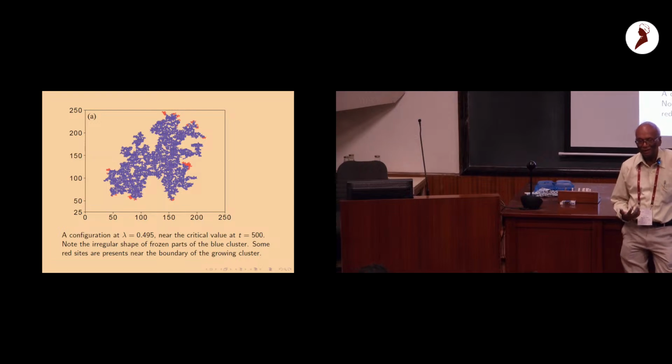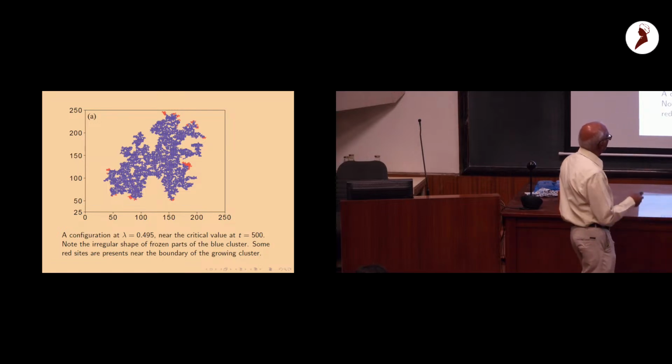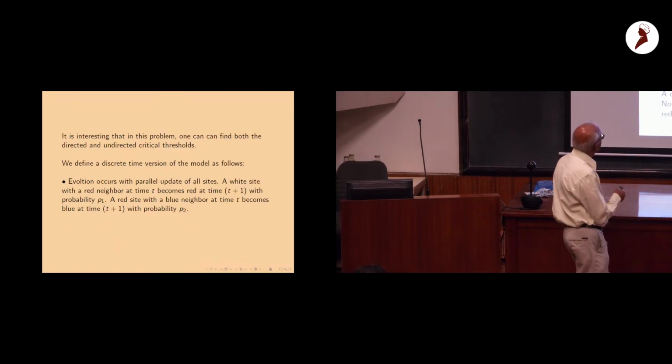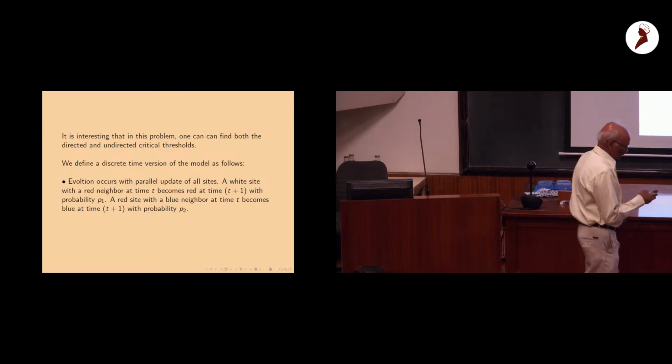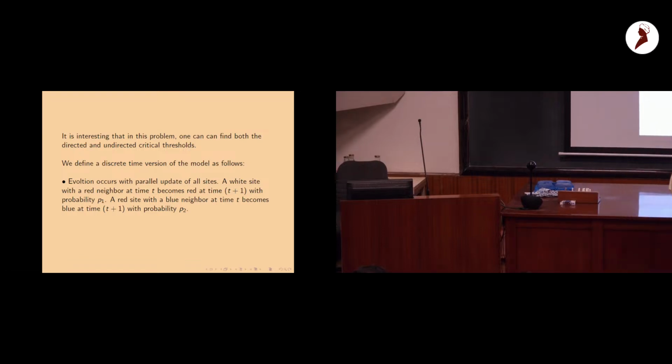Okay, and I would like to understand them because that might help me understand more complicated situations. Okay, so this is one phase transition which occurs in this system. There is a lambda star below which red don't survive and above which they survive.